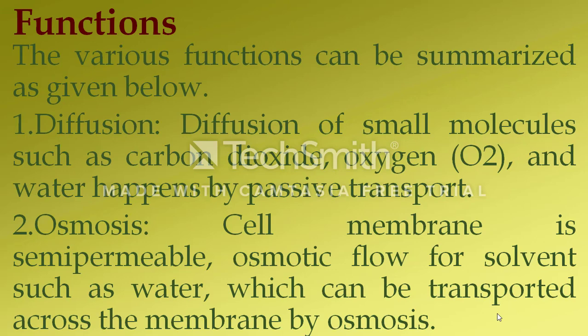Before understanding the functions of plasma membrane, here we should know three types of transport in the plasma membrane. One is passive transport, another one is active transport, third one is facilitated transport. Passive transport, as the name suggests, there is no expenditure of ATP or energy from the host cell. That's why it is called passive transport.